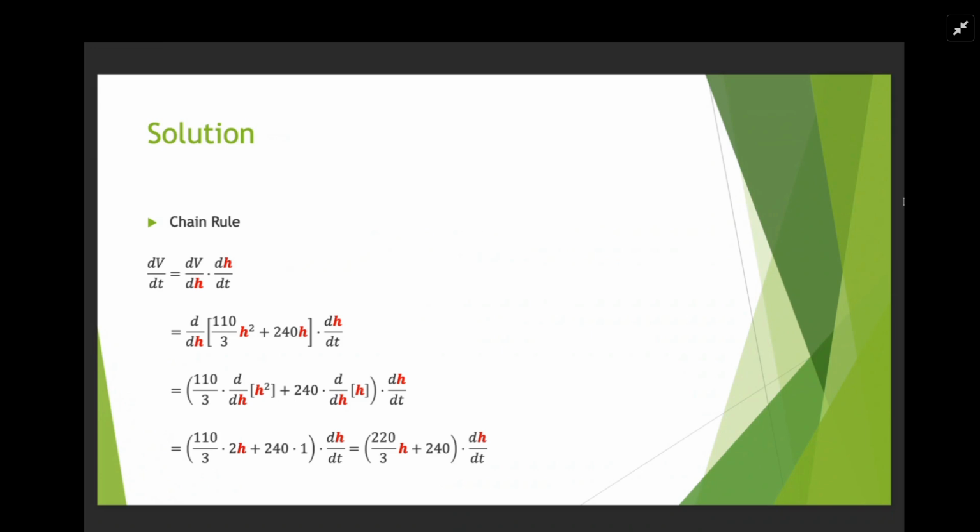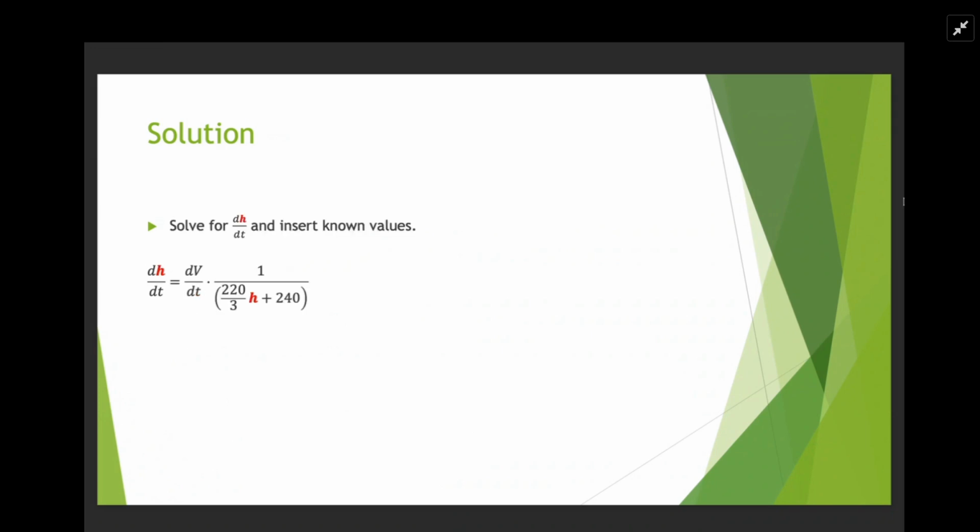dh/dt is the thing we want, so let's use algebra to solve for it on one side of the equation. dh/dt is equal to dV/dt times 1 over 220/3 h plus 240. And now we can insert the values we were given. dV/dt is 1.4 cubic feet per minute, and h is 5 feet.